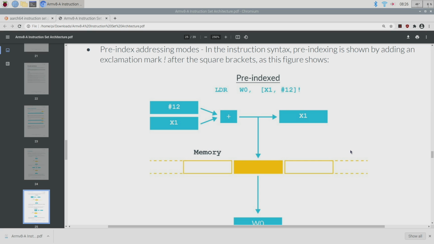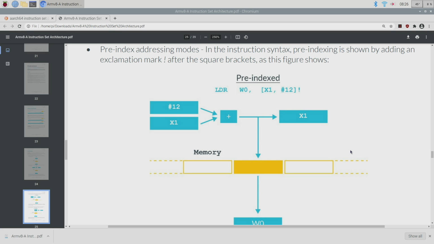Okay, so the exclamation mark does pre-indexing, okay? So what it does is it takes the X1 and the 12, okay, and then it does two things simultaneously. It does X1 comma 12, right, base plus offset just like before, okay, but the previous version, so if you don't have the exclamation mark, what happens to the result of the computation X1 plus 12?